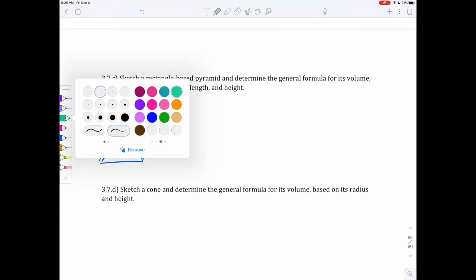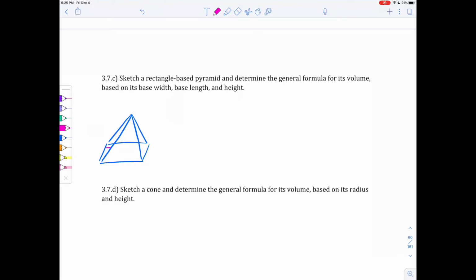And this rectangle, although its base will have equal angles, its side lengths are not going to be the same. So if this were surface area, we wouldn't be able to use those general formulas. However, for volume, we could actually still get away with using those general formulas. It still applies. So for a volume of a rectangular based pyramid, we would use the general formula. Volume is equal to 1/3 the area of the base times its height.